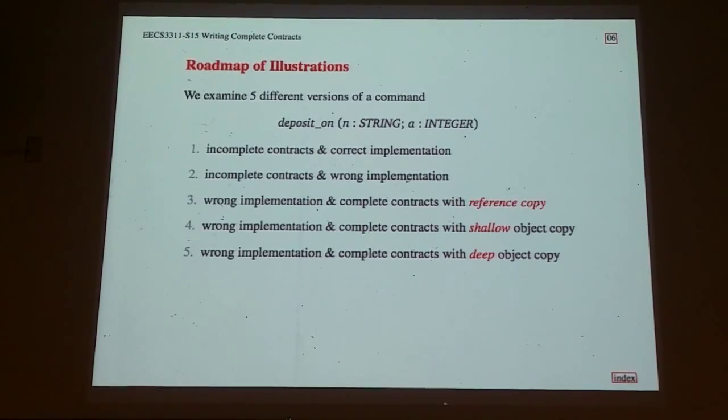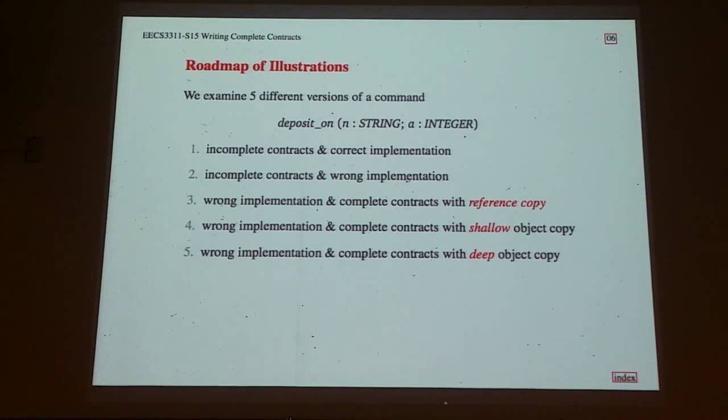So now we're going to show you 5 different versions. In the first version, we have some incomplete contracts, but you're lucky because the supplier happens to get the implementation right. So that one's okay. The second version has the same incomplete contract, but this time you're not so lucky because the supplier got it wrong.